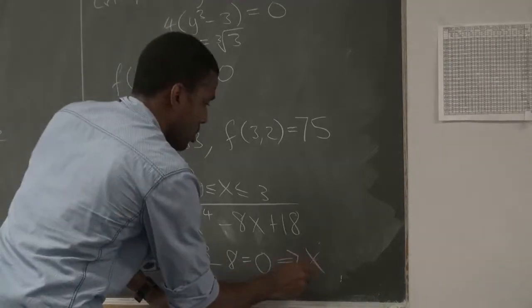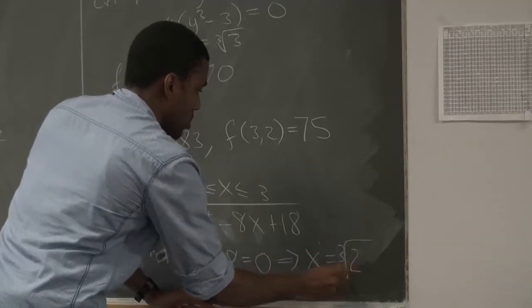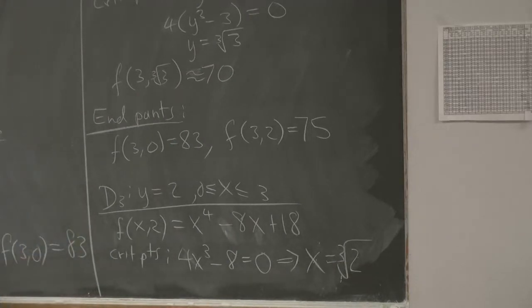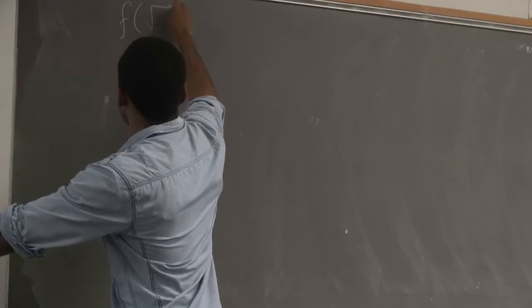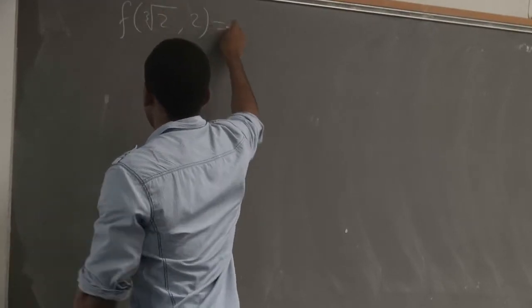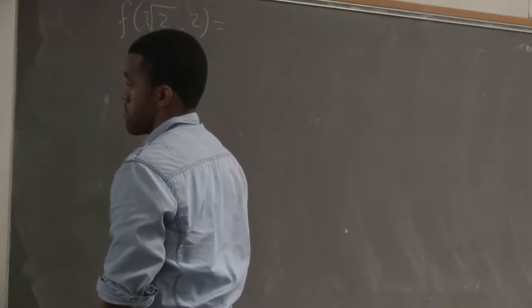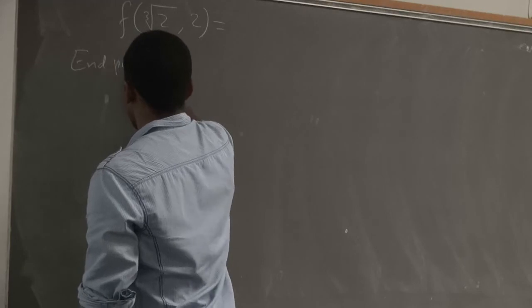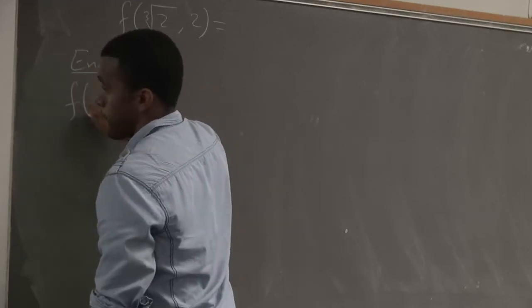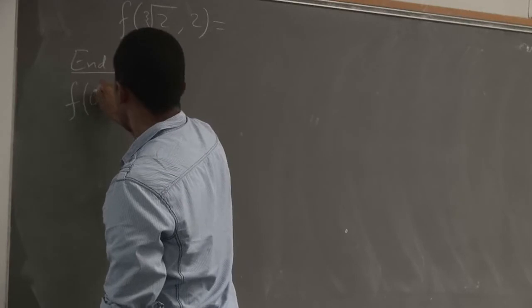Right, so that means x equals the cube root of 2. And so we test the critical point at cube root of 2 comma 2, and that was approximately 10.4.